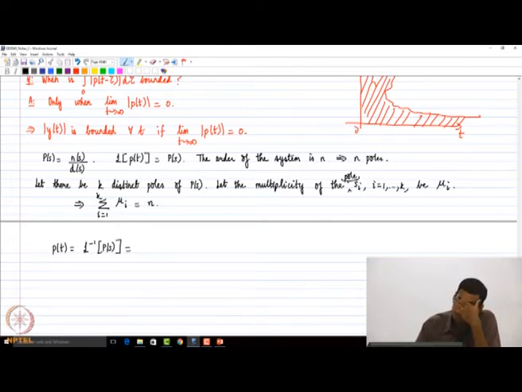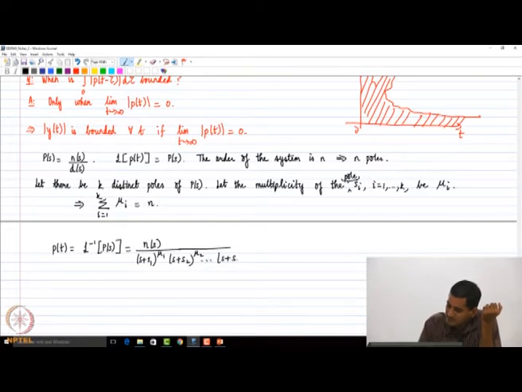Okay. So it is going to be N of s divided by (s + s1)^mu1, (s + s2)^mu2, all the way till (s + sk)^mu k.